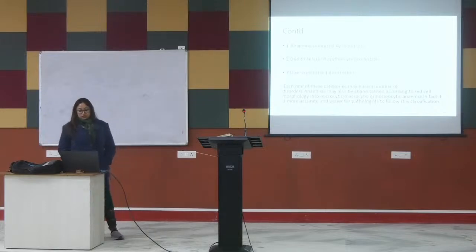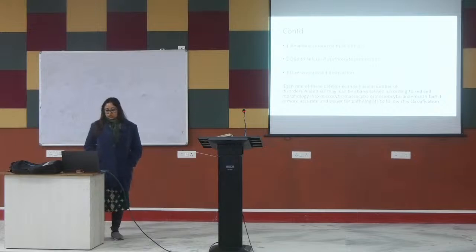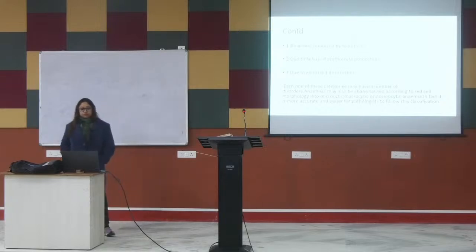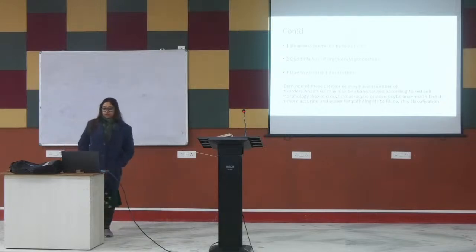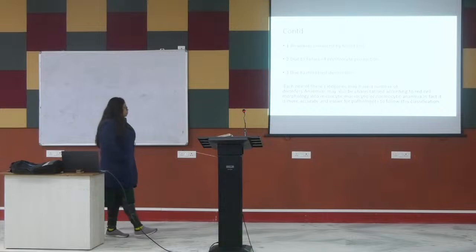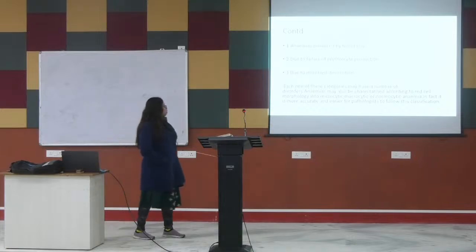So there is an imbalance of production and existing number of RBCs causing anemia. Each one of these categories may have a number of disorders. Anemias may also be categorized according to the red cell morphology into microcytic, macrocytic or normocytic anemia.